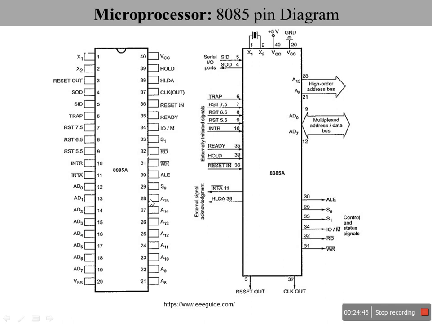Then we have pins 29, 30: ALE, then write, read, then S0, S1, then IO/M, ready, reset in, clock, clock out. It is possible to take the clock outside to drive some other ICs. Then hold, HLDA, hold acknowledgement. Then the 40th pin is VCC. This is the pin diagram.